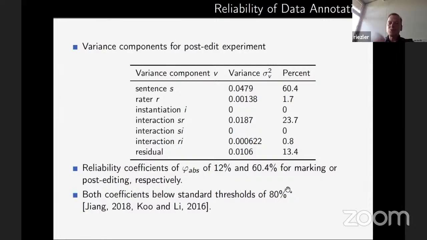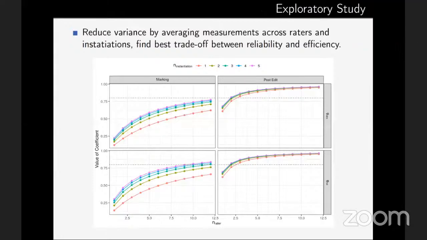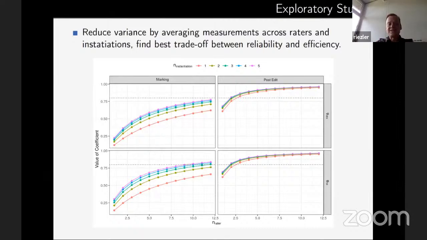So what we can do with these LMEMs, we can extrapolate how many raters and how many instantiations we would need in order to get a reliable measurement. So including these raters and instantiations, you can include any other factor that you are interested in. So this is basically following up on Barbara Plank's talk today.